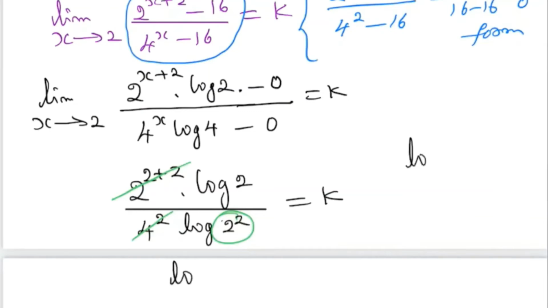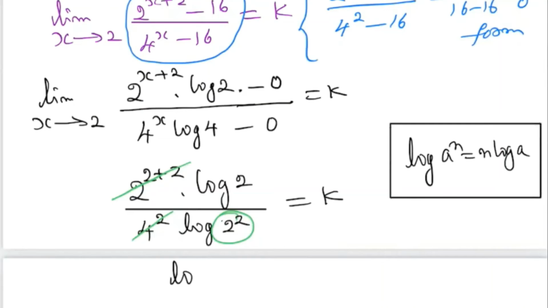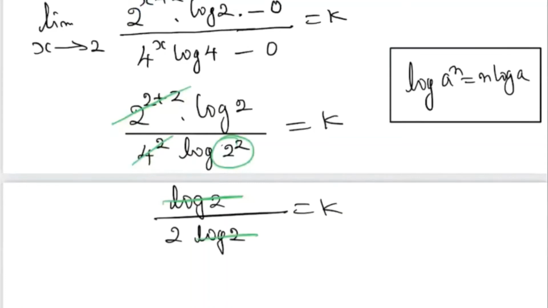Because remember this, log of a power n is n times log a, using this formula. That becomes log 2 upon 2 times log 2 equal to k. These two get cancelled. We get k equal to 1 by 2.